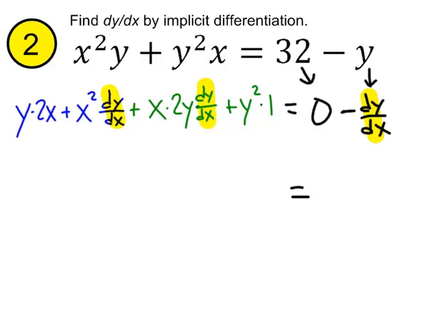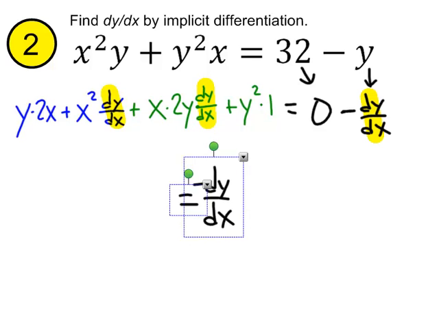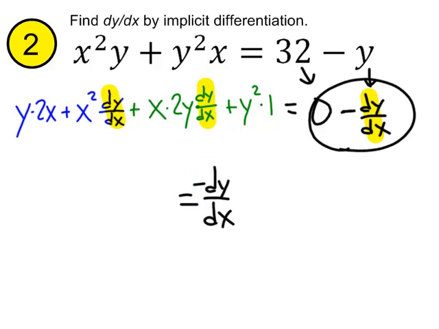Let's see what we've got here. I'm going to go ahead and document that minus dy over dx there, negative dy over dx, and I can tell I'm going to need to make some space for myself, so let me move this over. So I've taken care of this. Let's move this one over, and again, it carries some baggage along with it.